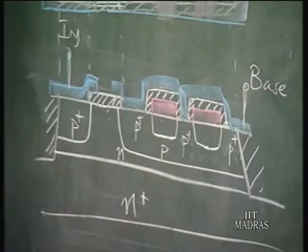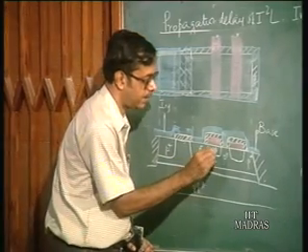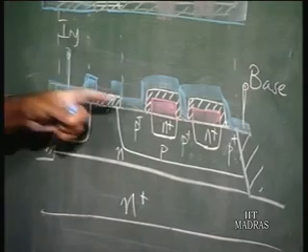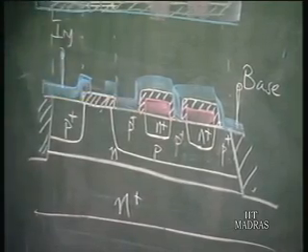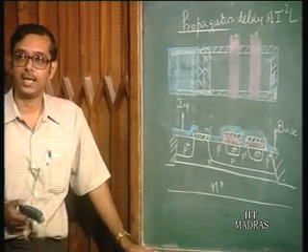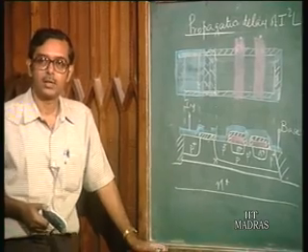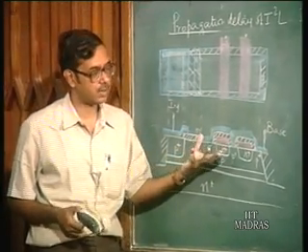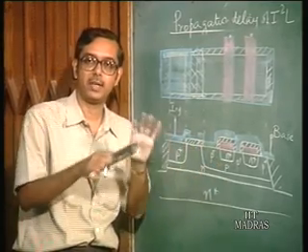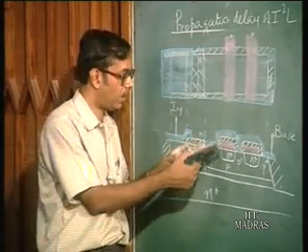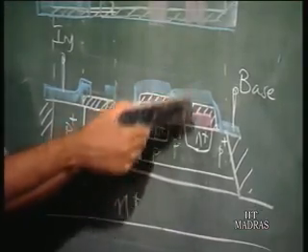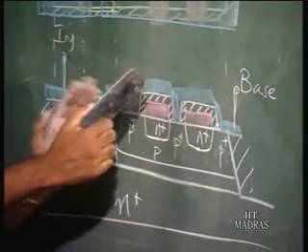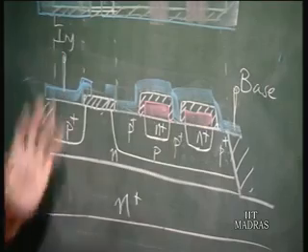So this is the final structure you have. You have the injector contact, the base contact, and the collector contact taken out. This is a self-aligned process, where self-aligning means you have done a lot of processes without actually having to align, because all these regions, the extrinsic regions and the collector, are all aligned by themselves with respect to each other almost automatically.